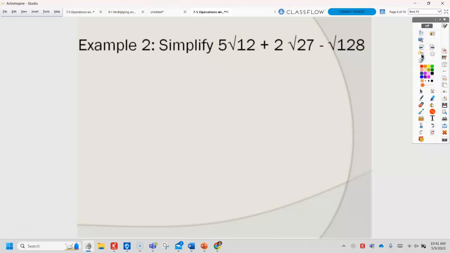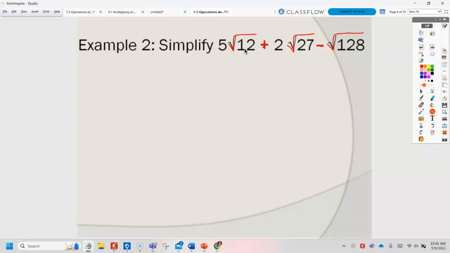Same thing. Now we just have some subtraction signs in there. But the ultimate goal is to simplify what is underneath those radical values. So 12. Does 12 divide by a perfect square?